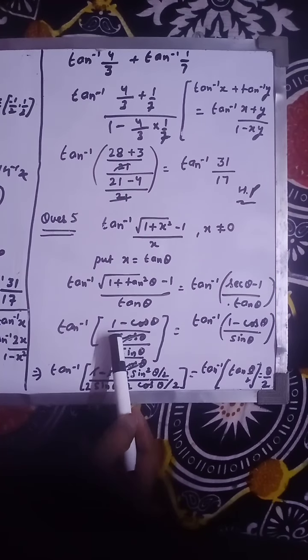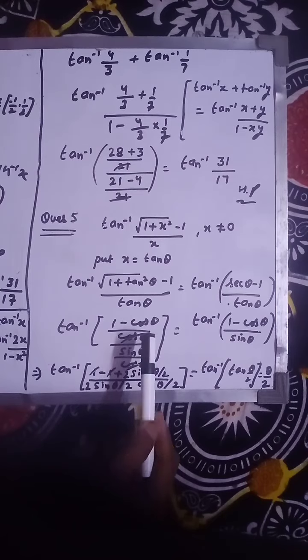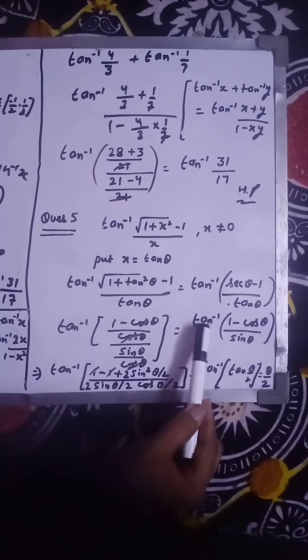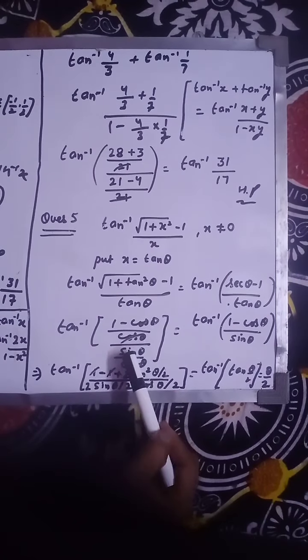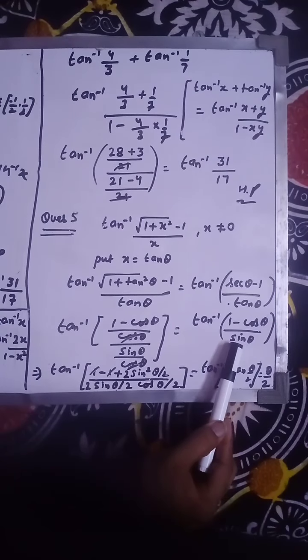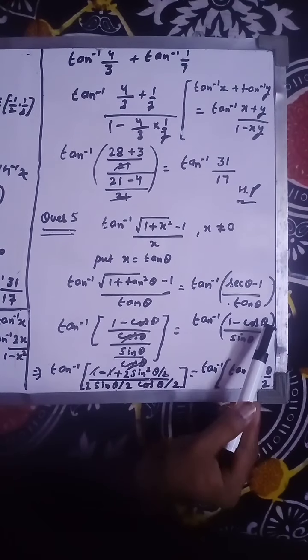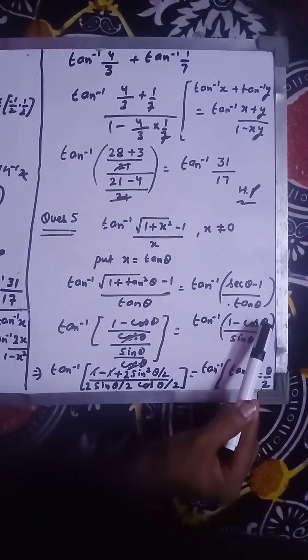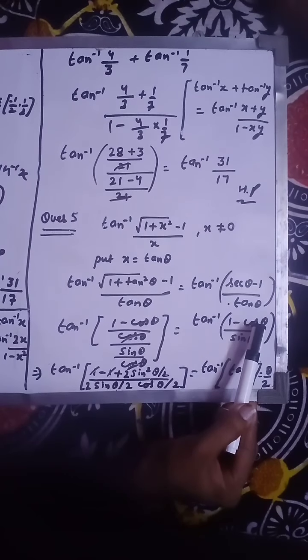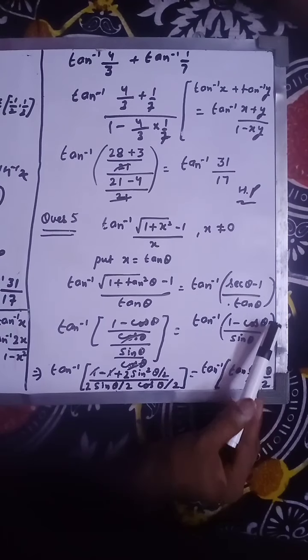Now you can see that cos and cos will cancel out, and you will get tan inverse of 1 minus cos theta over sin theta. Now in place of cos theta we have to write the formula, that is 1 minus 2 sin square theta by 2.